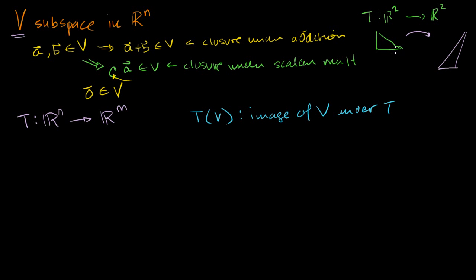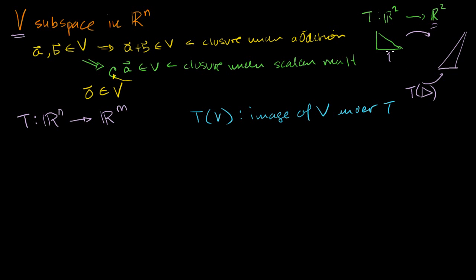But the exact particulars of that last video aren't what matter. What matters is that you are able to visualize what an image under a transformation means. It means you take some subset of R2, all of the vectors that define this triangle right here, and you transform all of them, and then you get some subset in your codomain. You could call this the image, or the transformation of that triangle.